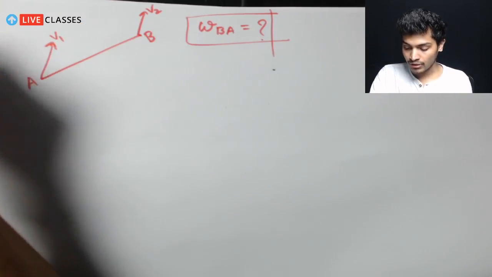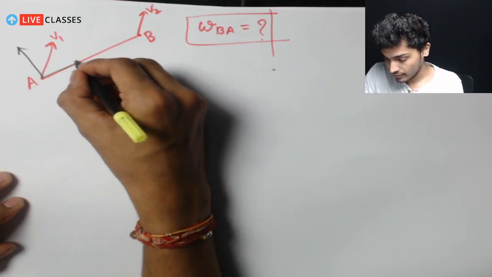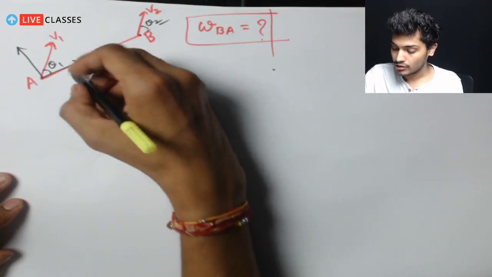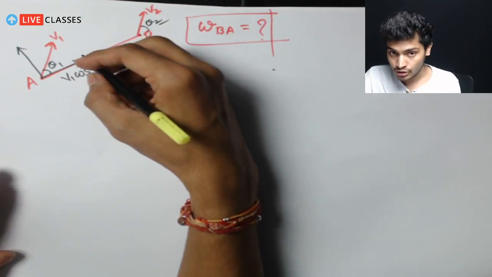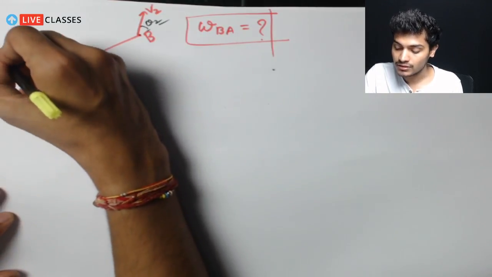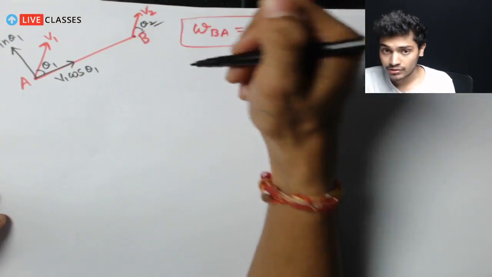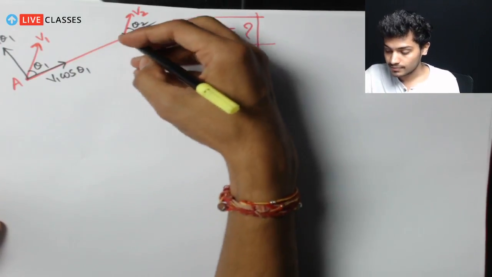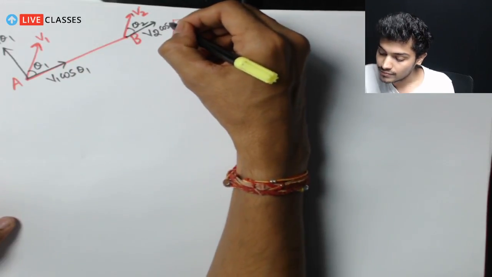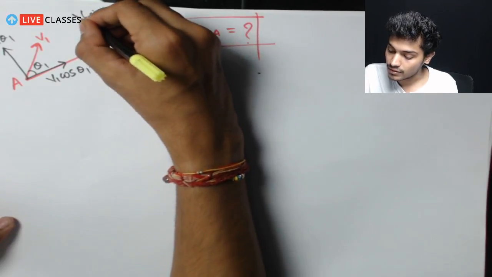First of all, resolve the velocity into two components, one in this way, with this theta 1 and this theta 2 given. So just resolve this velocity into two components, v1 cos theta 1 and another one as v1 sin theta 1, right? And in a similar way we break v2 into two components: v2 cos theta 2 and v2 sin theta 2.